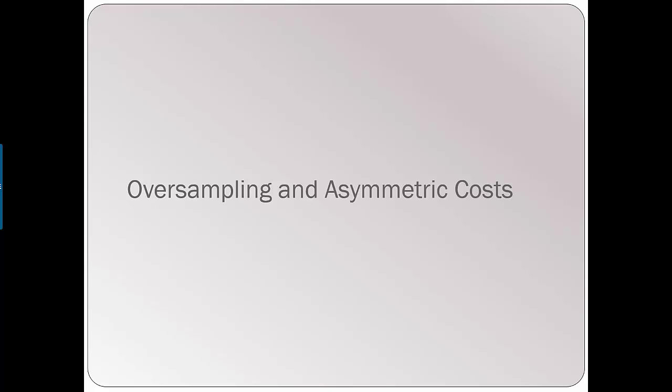So now you have lots of events, so your model will have easier time figuring out the relationships. So this is called oversampling. So when you have oversampling and asymmetric costs, then how do you adjust for these changes that you have incorporated into the structure of the data?